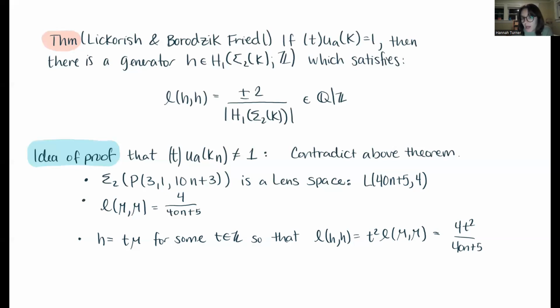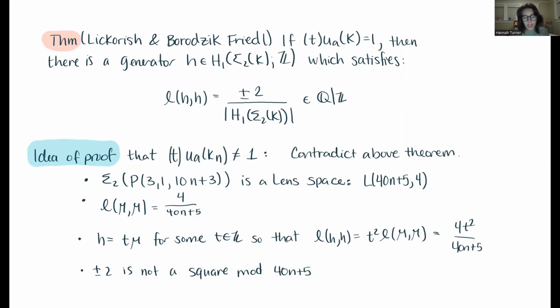And in particular, what we notice is that we always have a square in the numerator. And to conclude, you can show that plus or minus 2 is never a square mod 40n plus 5. And so there's no way that any generator for the first homology in this particular lens space could have this property.